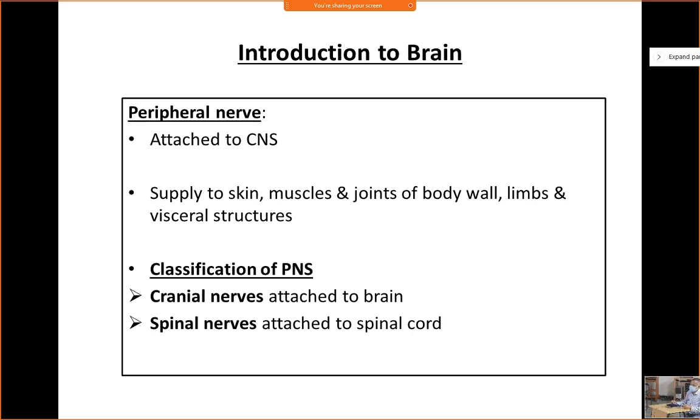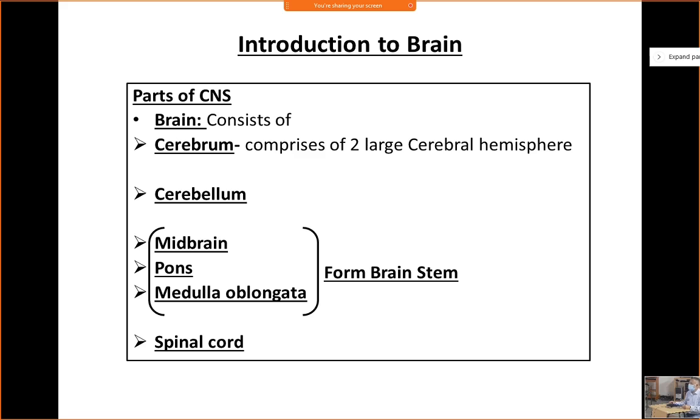Cranial nerves are attached to the brain. Some nerves arise directly from the brain and supply structures of the head and neck mostly, then our GIT also, then thoracic organs also. We already know the different parts of the brain: cerebrum, cerebellum, midbrain, pons, medulla.